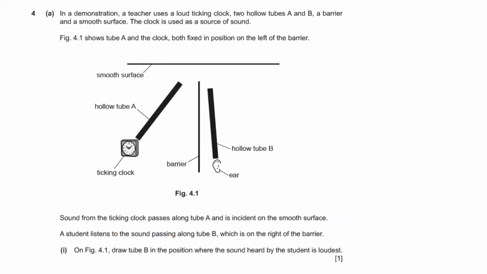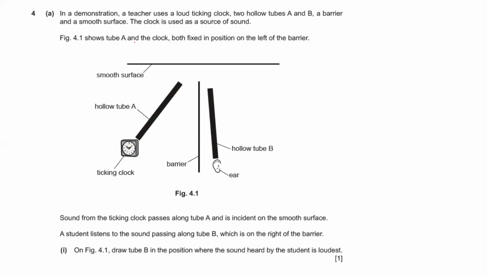Okay, so next question, question number 4. It says, in a demonstration, a teacher uses a loud ticking clock, 2 hollow tubes A and B, a barrier and a smooth surface. The clock is used as a source of sound, so the ticking of the clock, tick, tick, tick, is used as sound.